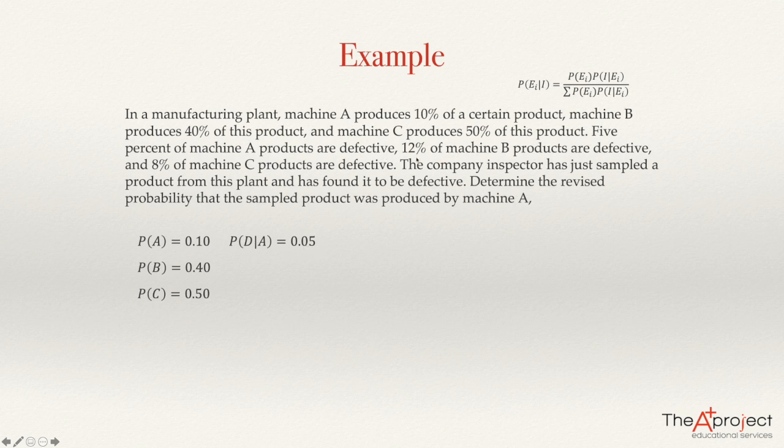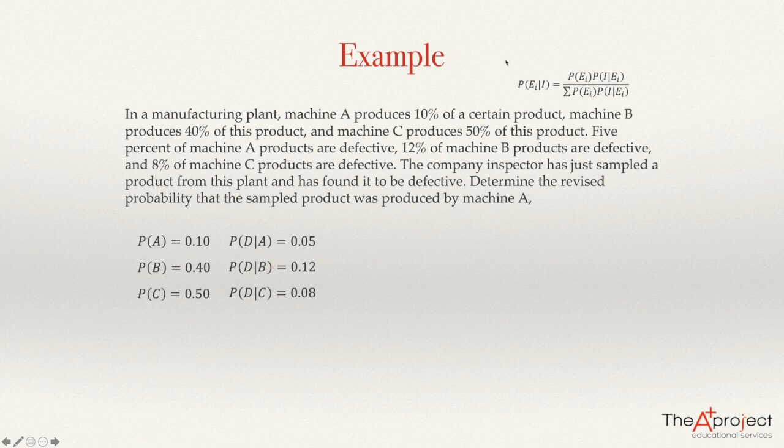The fact that 12% of machine B products are defective means that the probability of being defective, given that it is produced by machine B, is 0.12. And finally, because 8% of machine C products are defective, the probability of being defective, given that it is produced by machine C, is equal to 0.08.